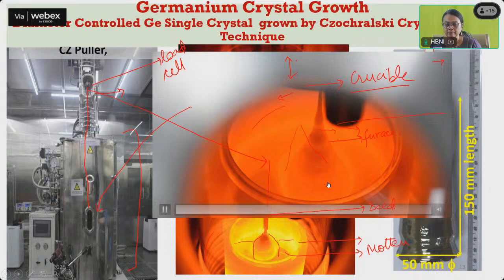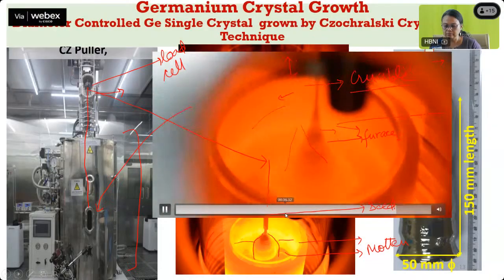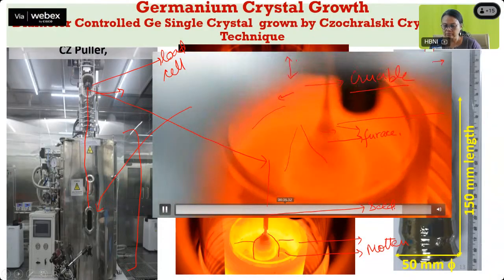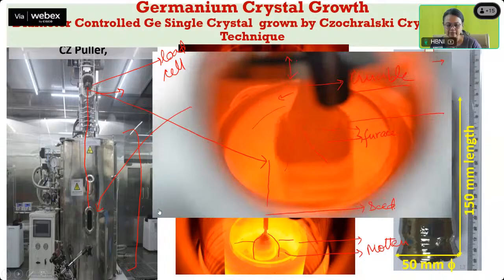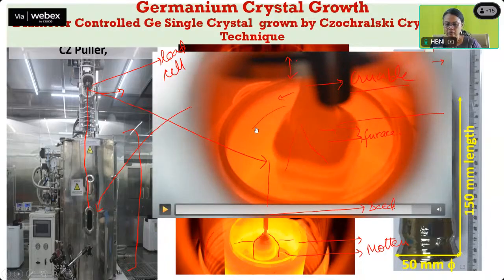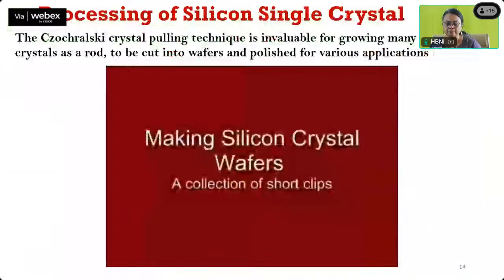This is the seed, and this is the shoulder. And now you can see that the crystal has grown. This is the growing crystal, so it has become quite big. Okay, so that is how the crystal is grown in the Czochralski method.